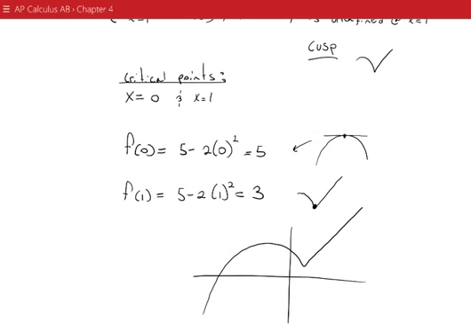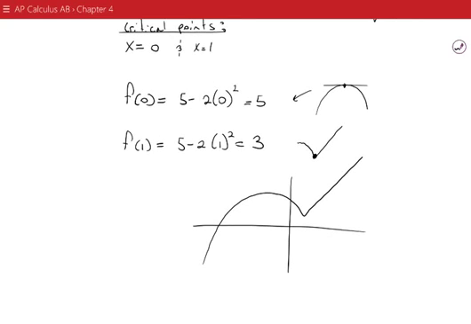And so there isn't any place where we can say there isn't a value larger or smaller than these two. Actually, it goes on infinitely negative and infinitely positive. So this is a local max, and this is our local min.